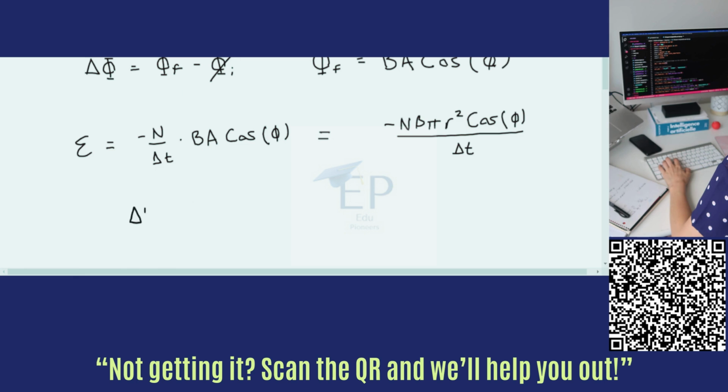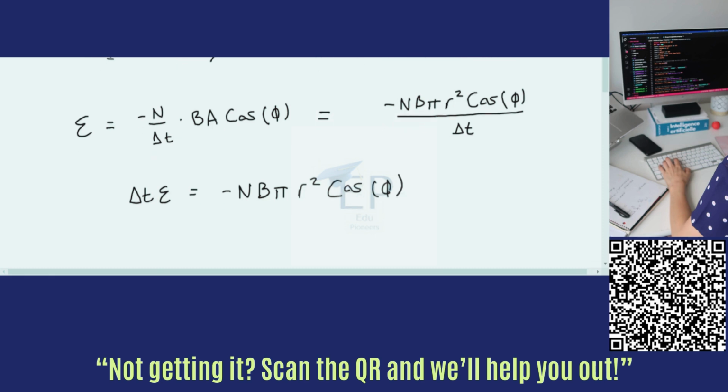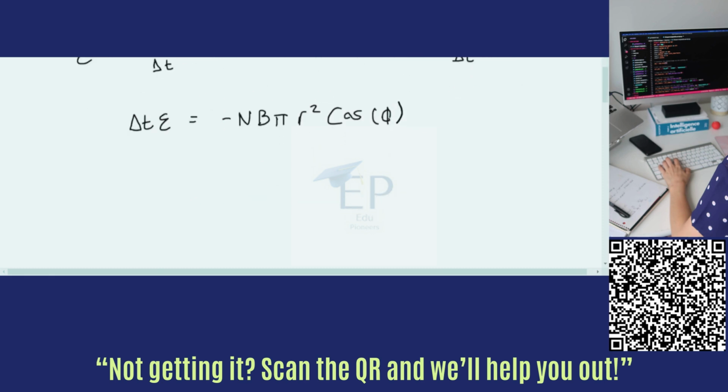And we'll have delta t times E equals minus nB pi r squared cosine of phi. And then we'll divide both sides of our equation by everything that's not B. We'll have B equals delta t times E divided by, there's an n, a pi, an r squared, and a cosine of phi.